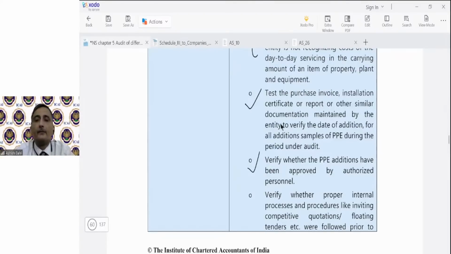Okay. And whatever additions have been made in this year, whether these have been properly authorized or not, whether all internal control processes have been followed, whether tenders have been invited, whether quotations have been invited from competitor bidders for purchasing an item of PPE.